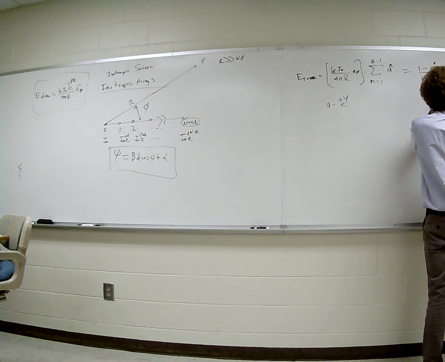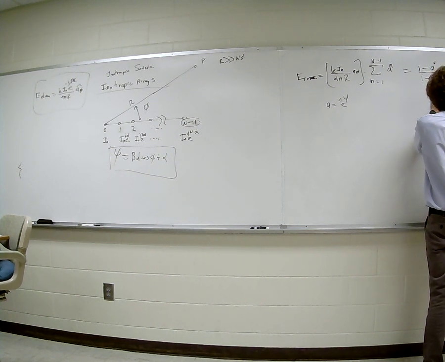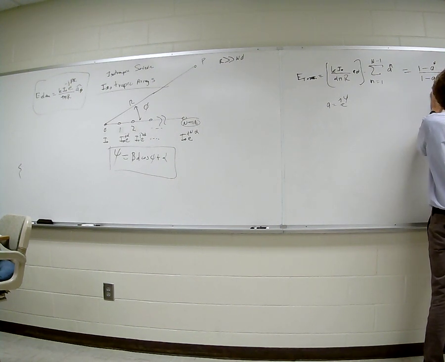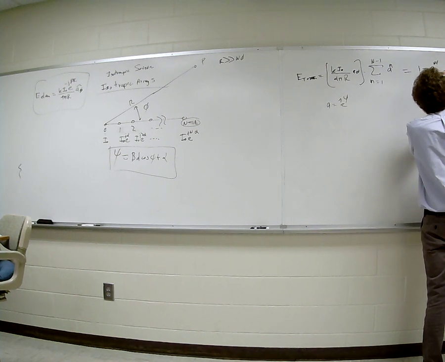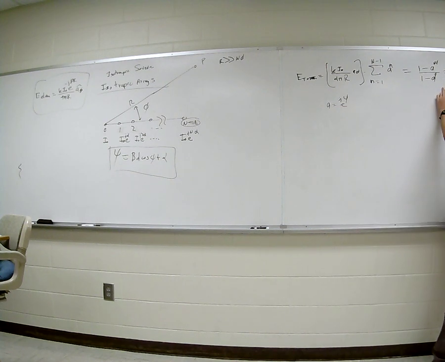That's a to the n over 2 times a to the minus n over 2 minus a to the n over 2, over a to the, this is n psi. I didn't put the psi in there. It should be a to the psi. I'm so sorry.